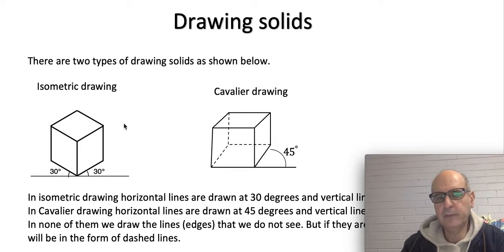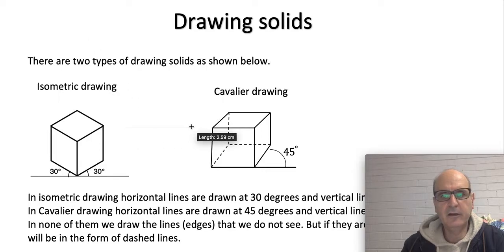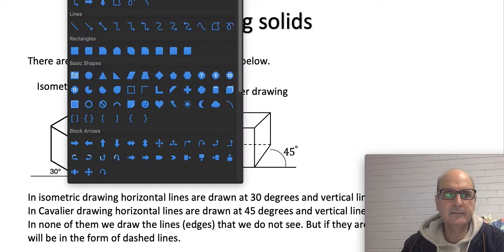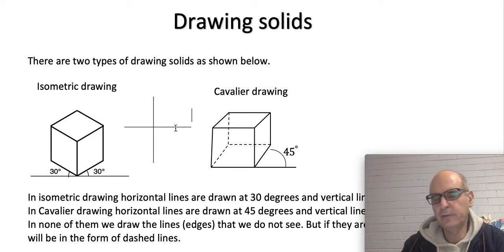You know that on our plane, when I have a line like this, it is a horizontal line. And when I have a line like this, it is a vertical line.